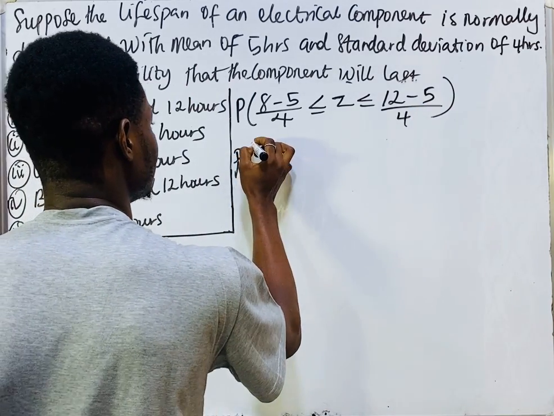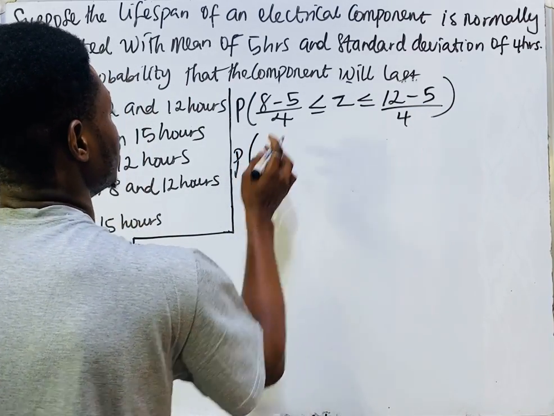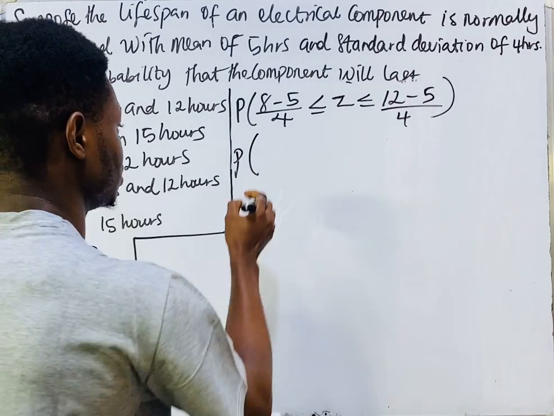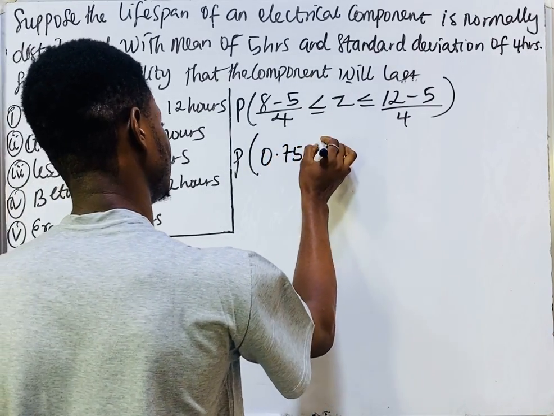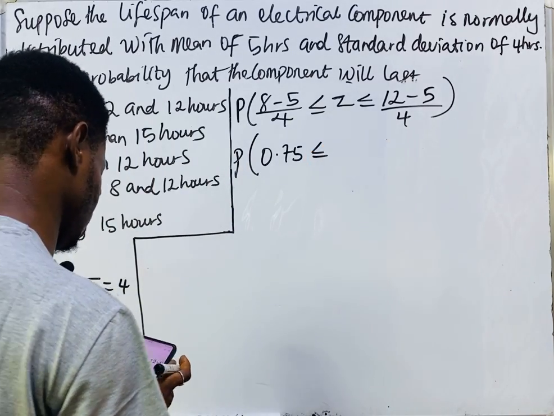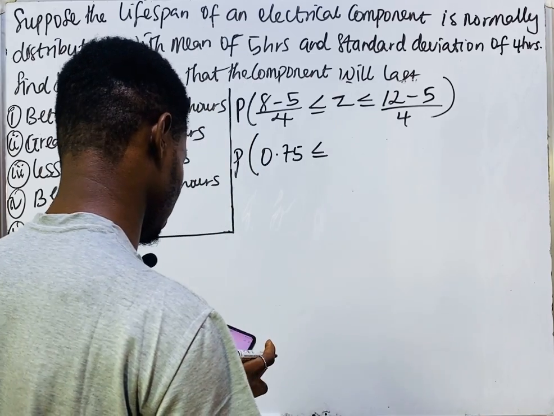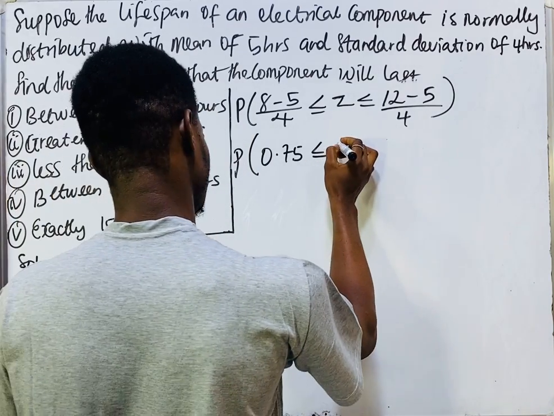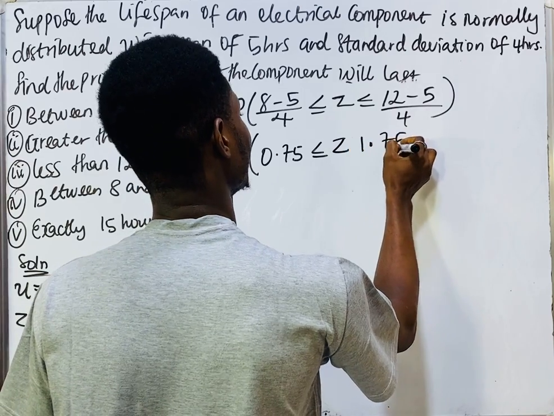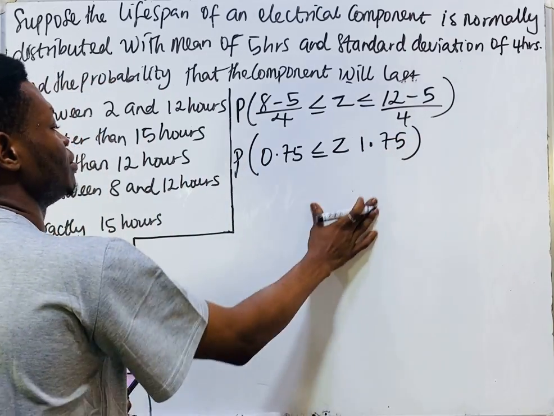So we have the probability that 3 over 4, which gives 0.75, is less than or equal to Z, less than or equal to 7 divided by 4, which gives 1.75.